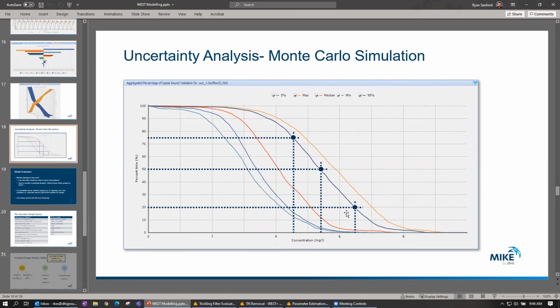And if our target was 6.5 total nitrogen, I can say with 95% confidence, based on the uncertainty in those input parameters that we selected for this experiment, that we will not exceed 6.5 milligrams per liter total nitrogen, actually in this case nitrate, that's what we're plotting, 20% of the time. So less than 20% of the time we will exceed that point. And I think that's a good result.